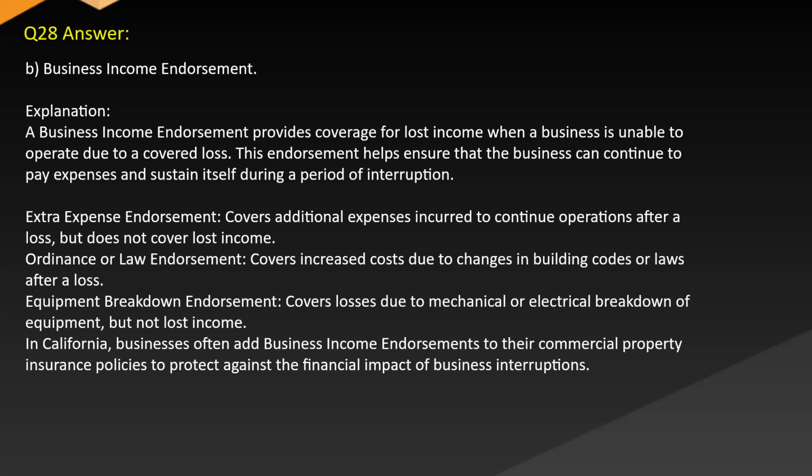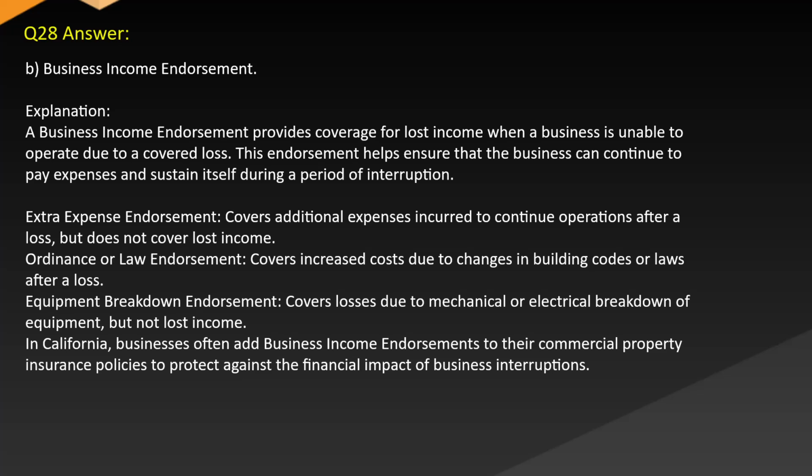Answer. B. Business income endorsement. Explanation. A business income endorsement provides coverage for lost income when a business is unable to operate due to a covered loss. This endorsement helps ensure that the business can continue to pay expenses and sustain itself during a period of interruption. Extra expense endorsement covers additional expenses incurred to continue operations after loss, but does not cover lost income.